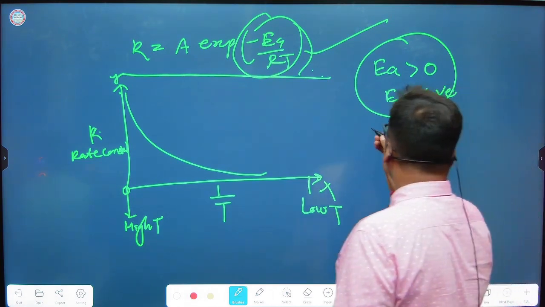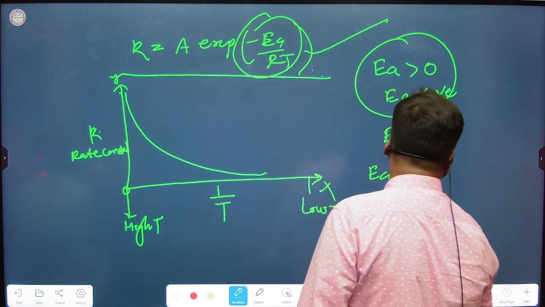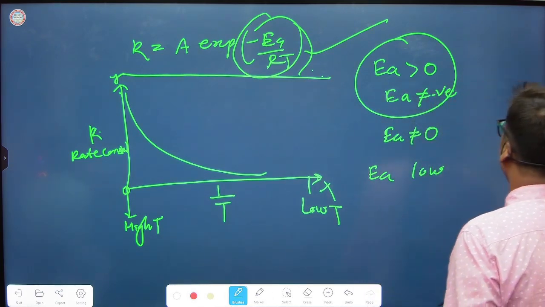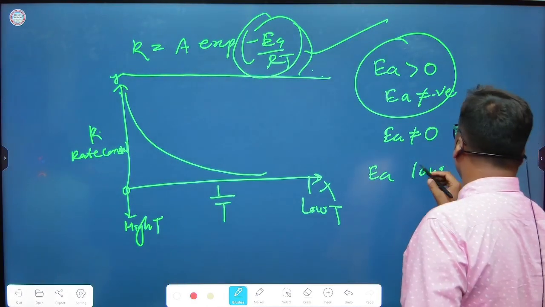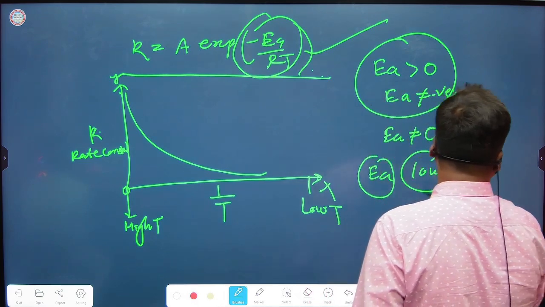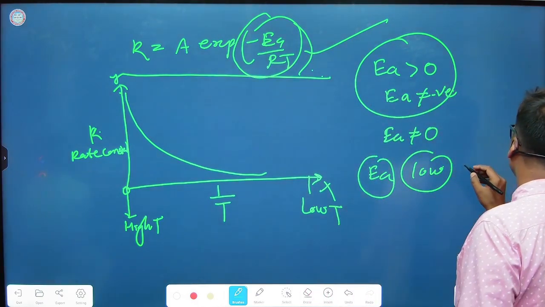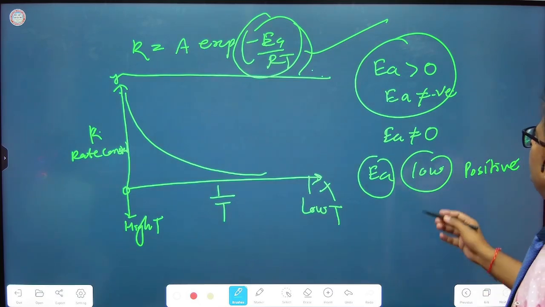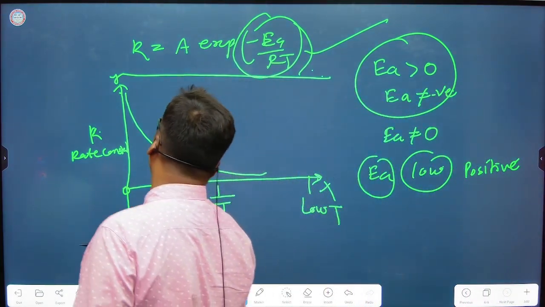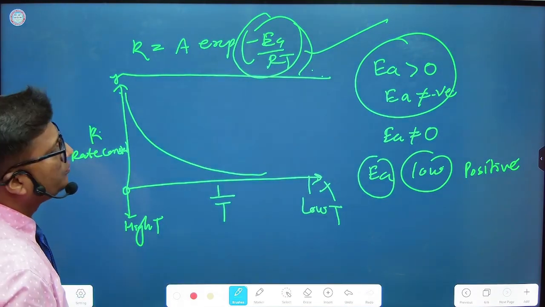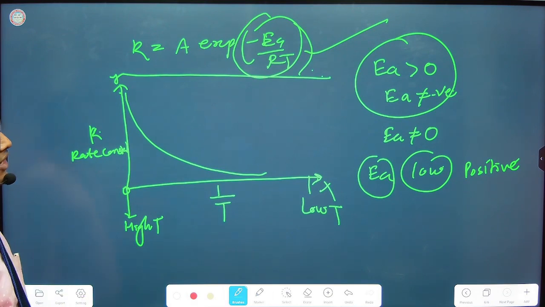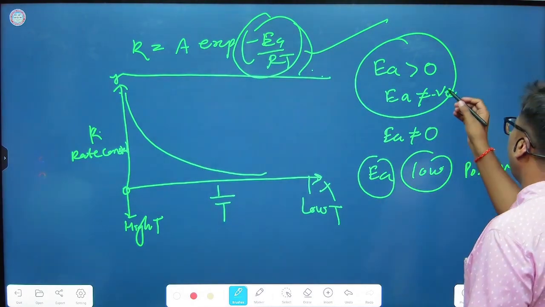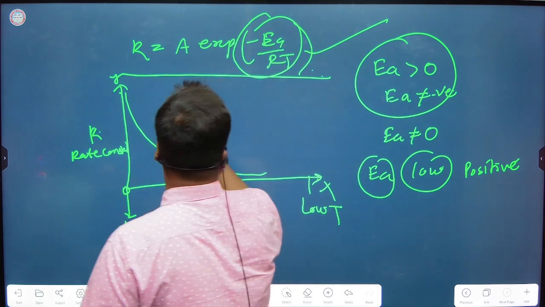And if the activation energy is low, so if EA is low, right, and positive, then this will enhance the rate of reactions. So the rate of reactions depends on the energy of activation, and the rate constant.